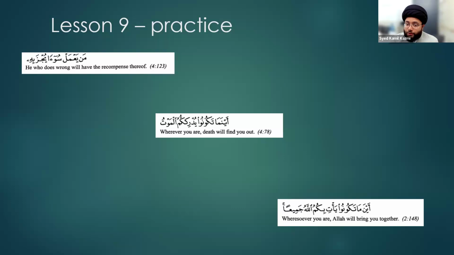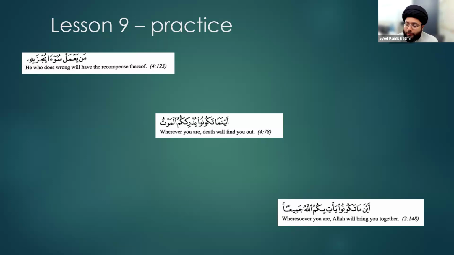Okay? So over here, this verse is indicating to us that wherever you are, death will find you, right? Meaning it's not shy of any places. There's no blanket you can cover your head with. This is a transition between this dunya and the next that will occur, right? What does that mean?